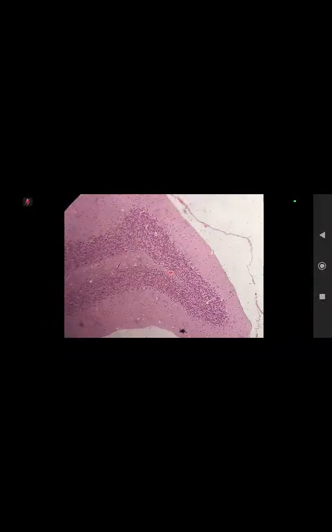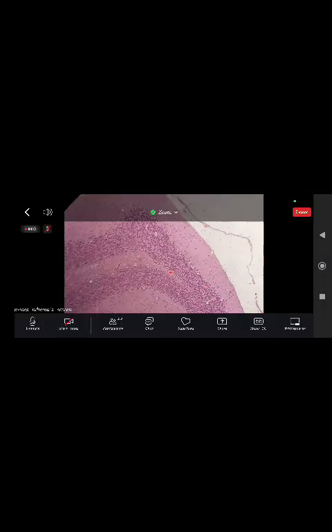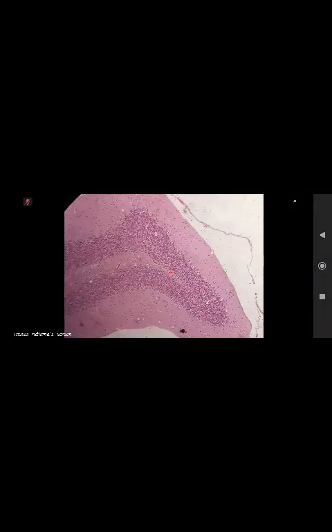Physiologically, when you look at the cerebellum, we have the cerebellar cortex, the whole of this is cerebellar cortex, and then the medulla. The medulla consists of myelinated axons, and within that medulla we also have oligodendrocytes responsible for myelination.